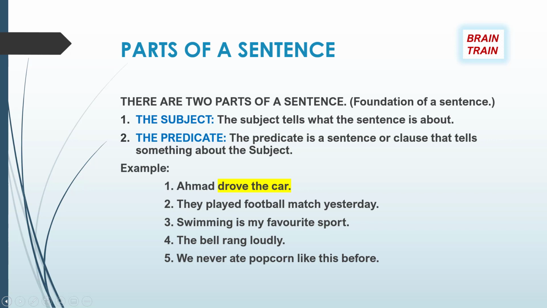So what is subject here? Yes, they. And played football match yesterday, that's the predicate. Third example, swimming is my favorite sport. Swimming is subject and the other part is the predicate. It is telling about the swimming, that it's my favorite sport.